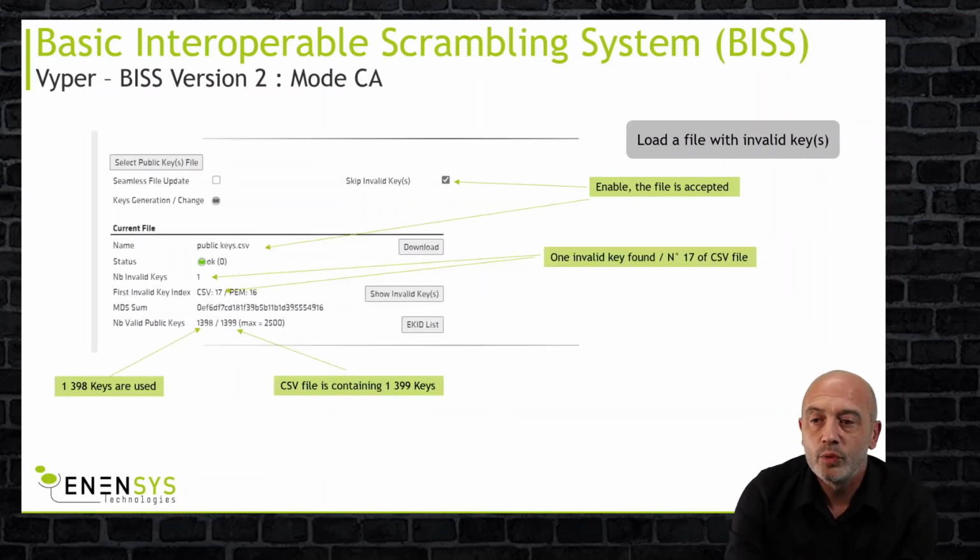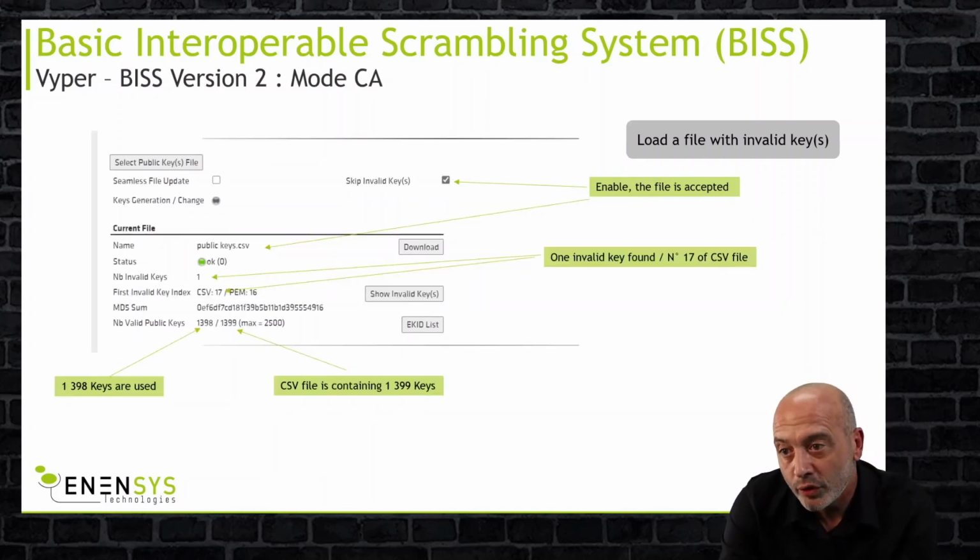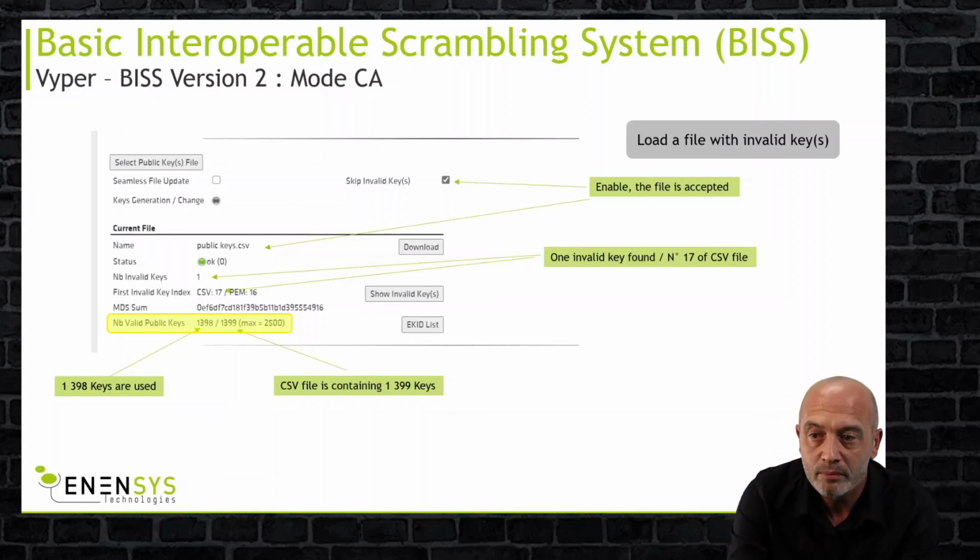Same file that we are downloading on the modulator, but in this case we are activating the skip invalid keys parameter. In this case, the file is accepted, the file is not rejected, and as you can see at the bottom of the screen, the number of keys used is the number of keys that we found minus 1, because one key is wrong, it's number 17.